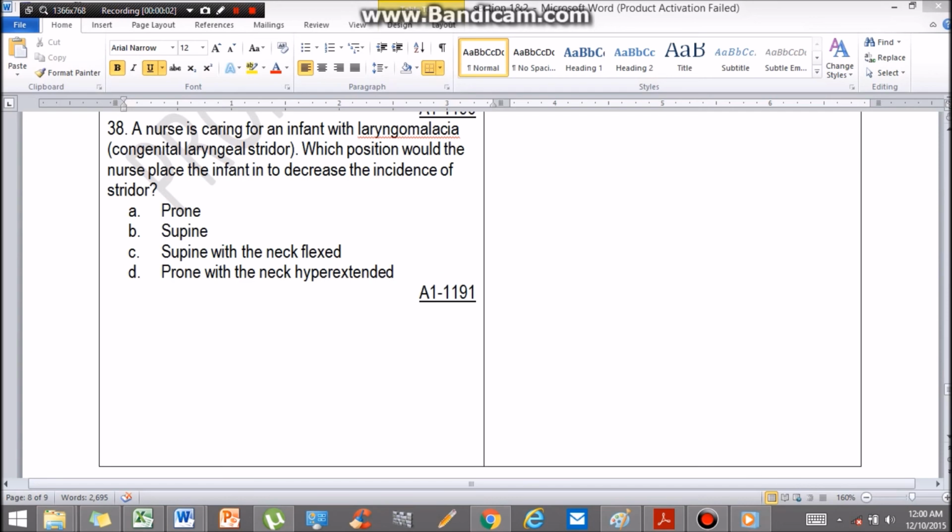A nurse cares for an infant who has laryngomalacia or congenital laryngeal stridor. Which position would the nurse place the infant in to decrease the incidence of stridor? So first, let's eliminate supine because supine is not good for breathing.